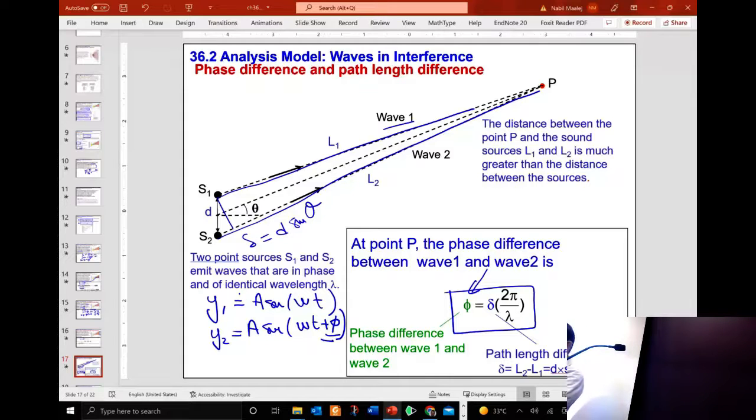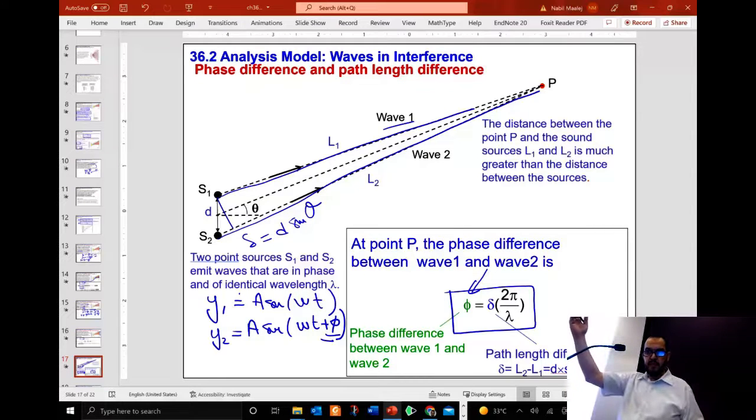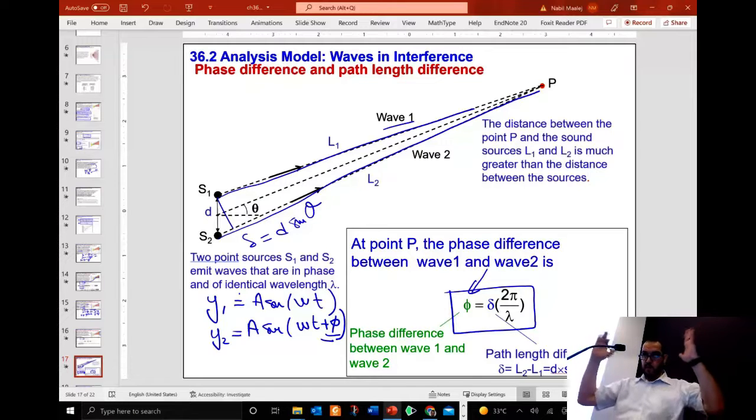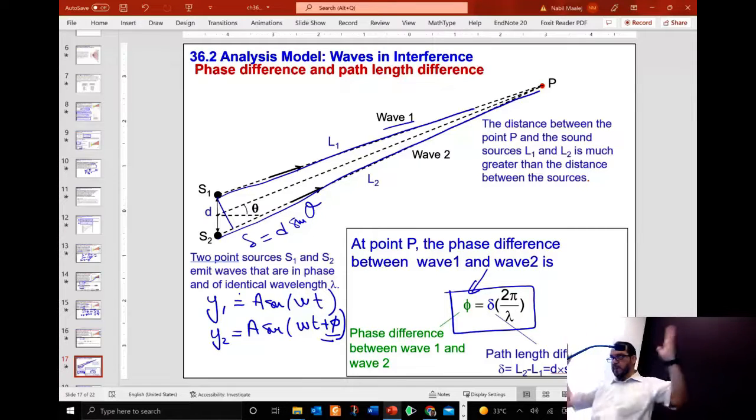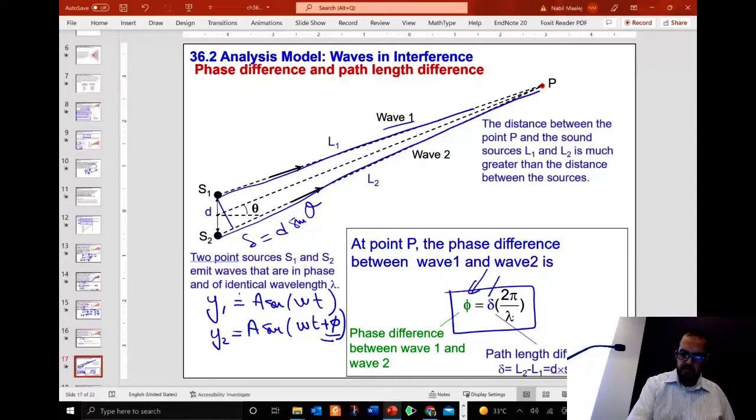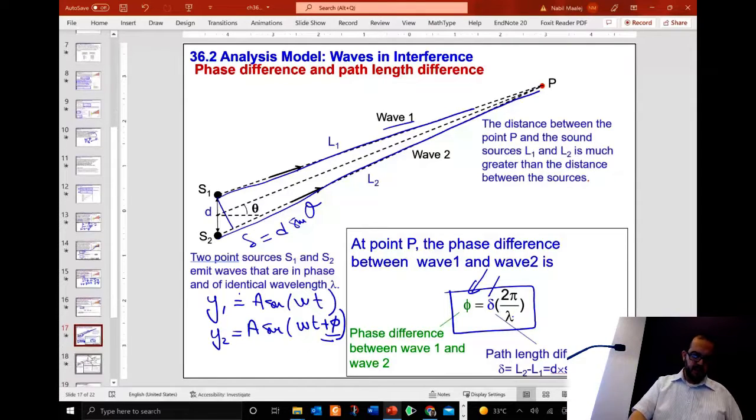If we know the path difference, which is delta, I can determine the phase difference. I just divide delta by lambda, the wavelength. Remember, one wavelength corresponds to a full cycle. If I divide delta by lambda and multiply by 2 pi, because a full cycle of a sine wave is 2 pi radians, I can get the phase difference between the two waves.